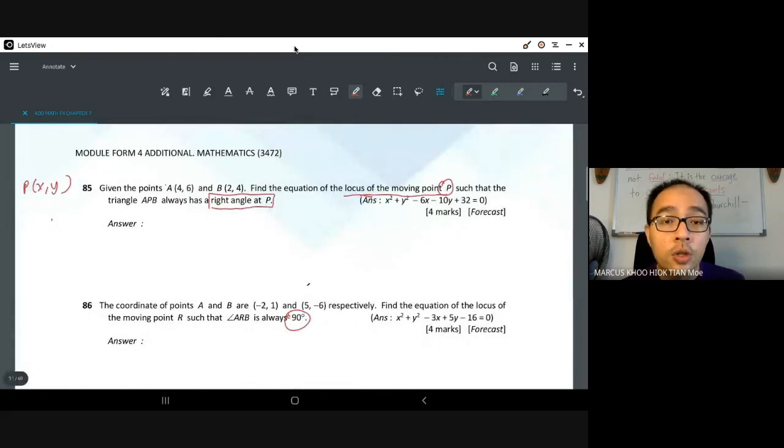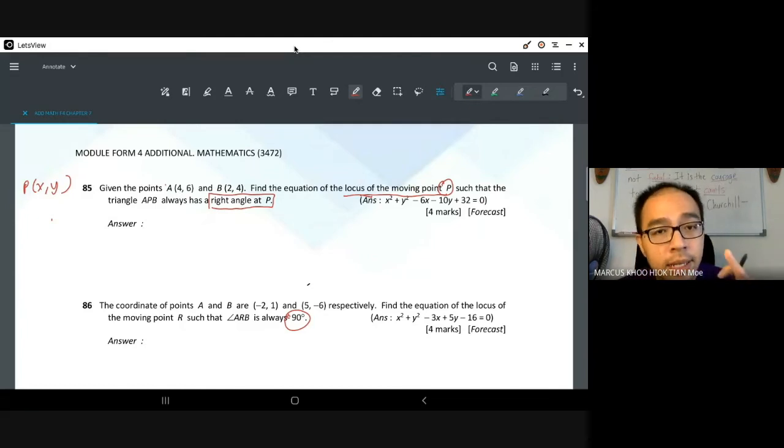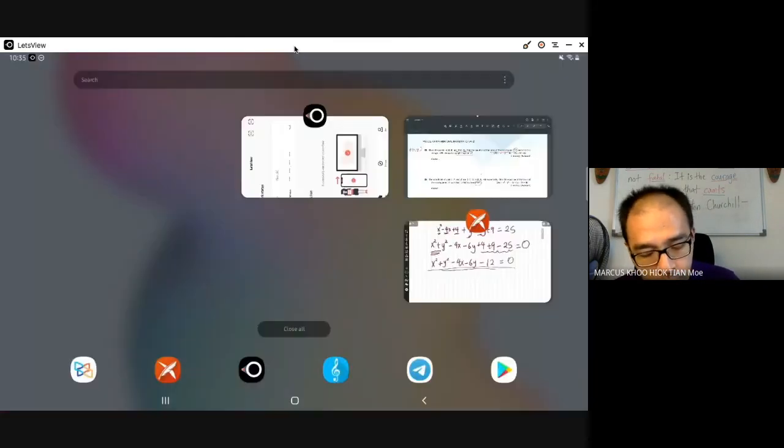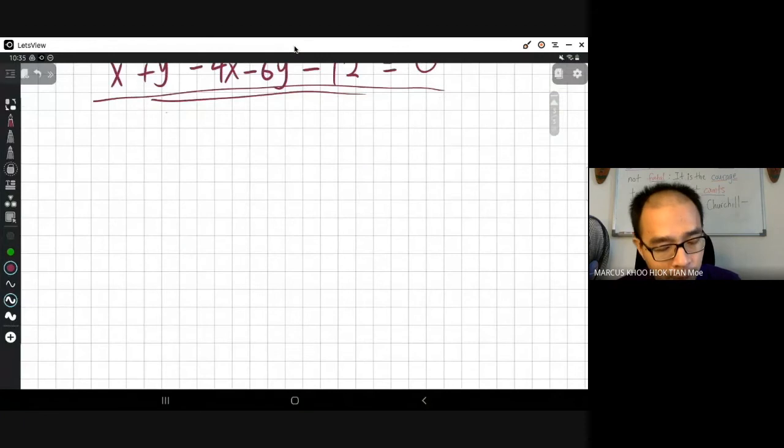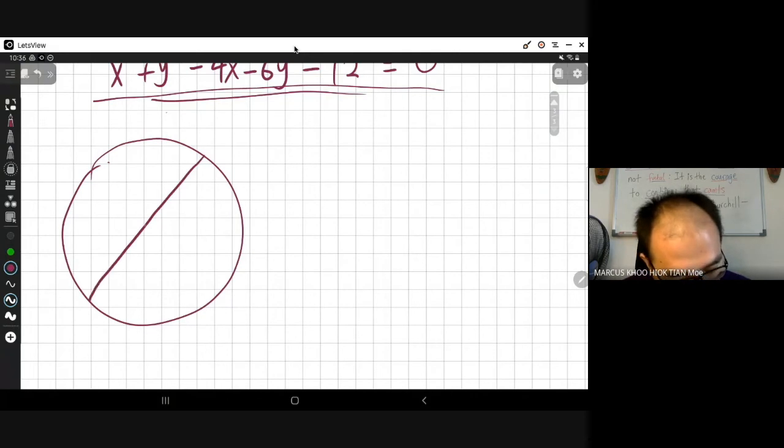So what do you have to do if it is a right angle? Let's take a look at this. We have to understand the concept of the circle and why it is a right angle. So let me draw again. If you remember in circle, if this is the diameter, this is the center.